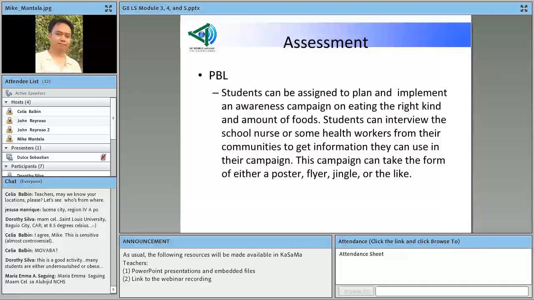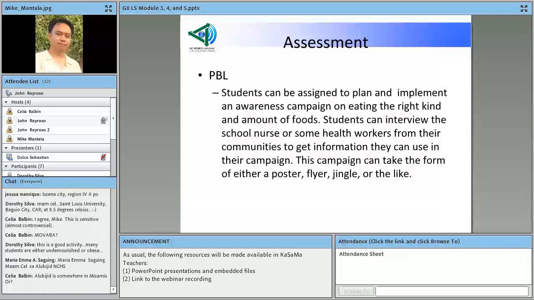Maiisip na iba pang kapamaraanan upang magawa itong awareness campaign na ito. There are other ways with which our students can carry out this project-based learning. You can also do this as a community project, and that would, of course, involve not just the students but their families, siguro, or some members of the community.